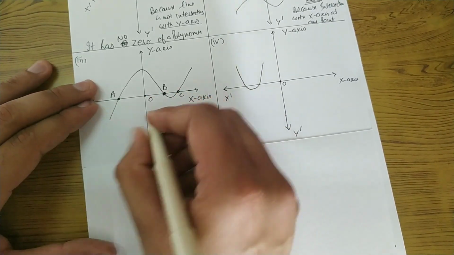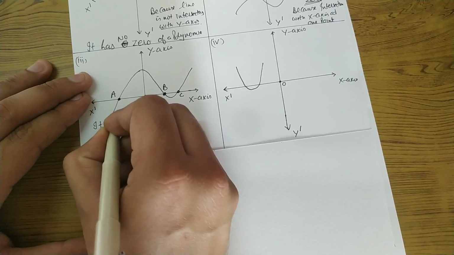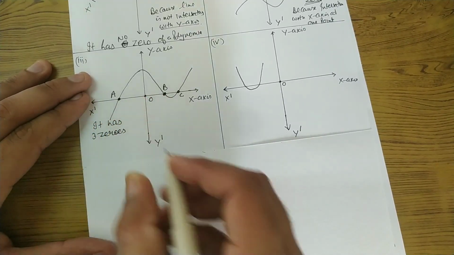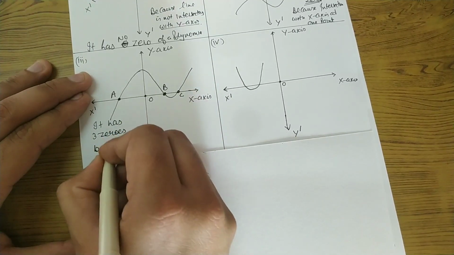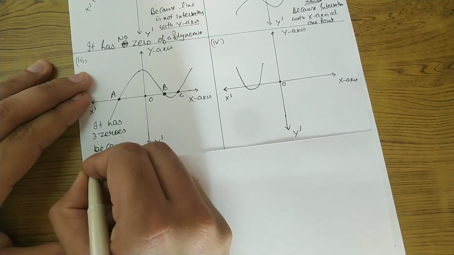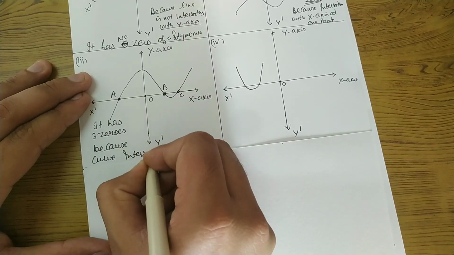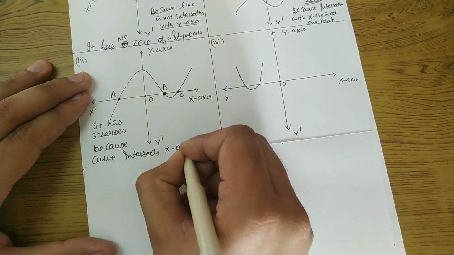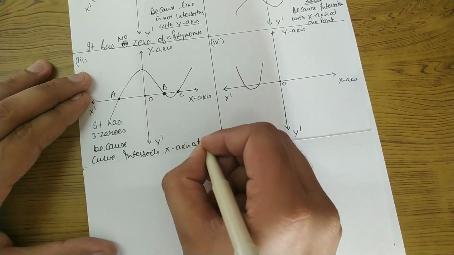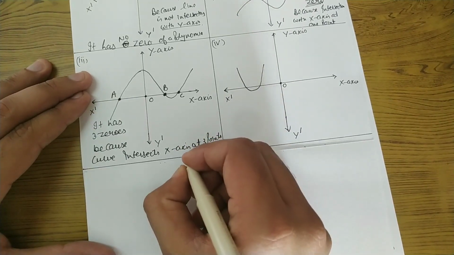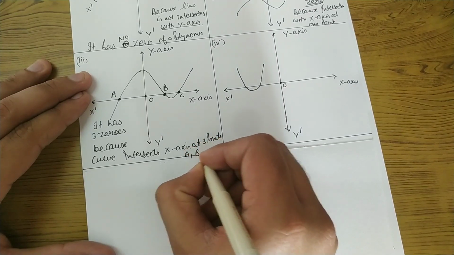So it has 3 zeros, because the curve intersects the x-axis at 3 points. I am writing the points also, A, B, C.